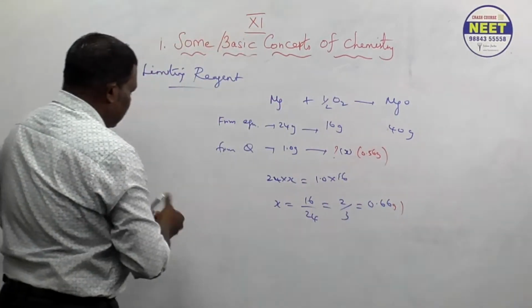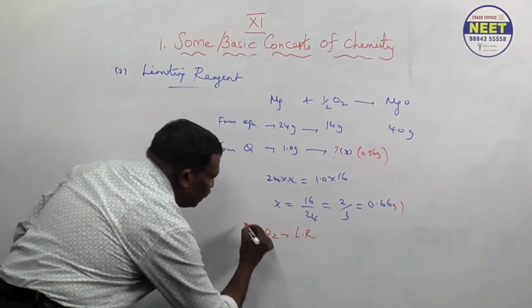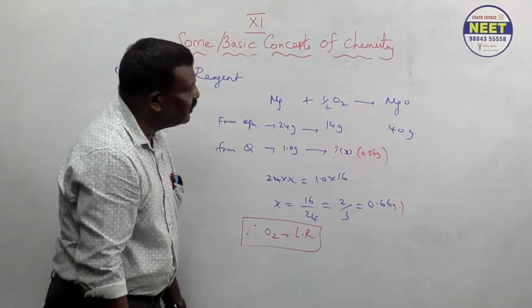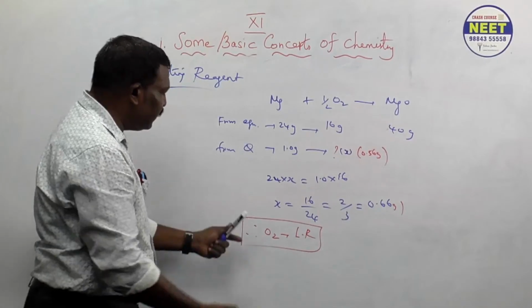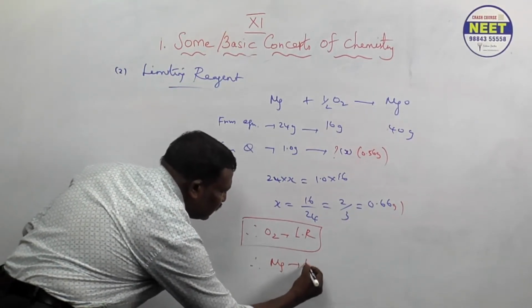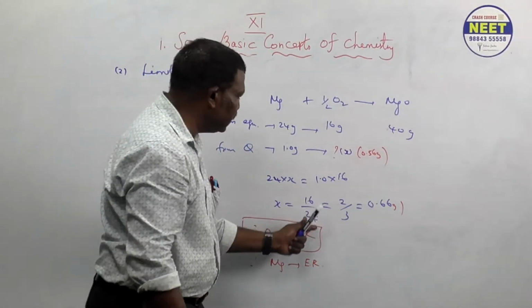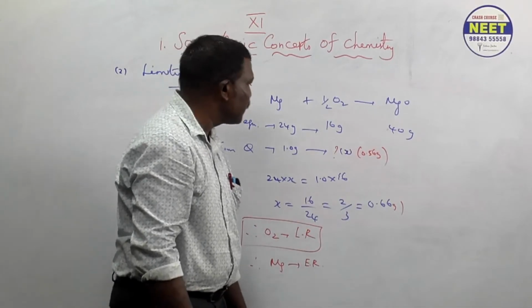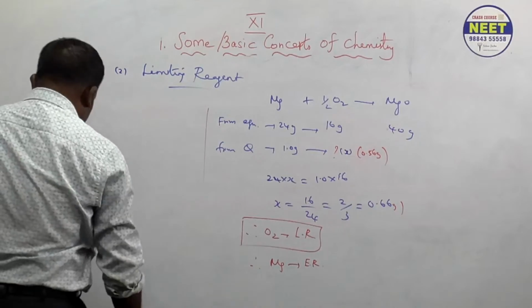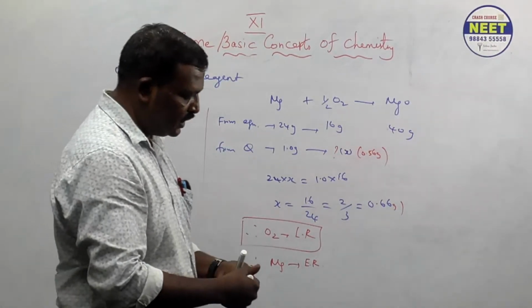Therefore O2 is the limiting reagent. Automatically we can say Mg is the excess reagent. Are you following? Then the second part of the question. Right, up to this. I'll explain the second part of the question.